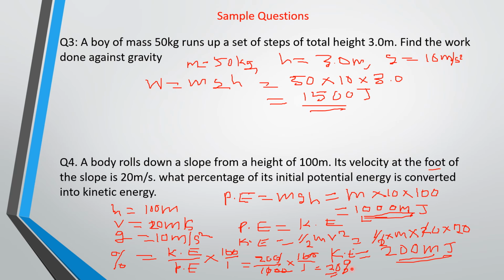So in this particular instance, we first of all calculated the potential energy and then the kinetic energy, before we now look for the percentage. If you look at it very well, you find out that m was not given, but finally m cancelled out. Is that okay? I hope you follow through with this, and this is quite simple.